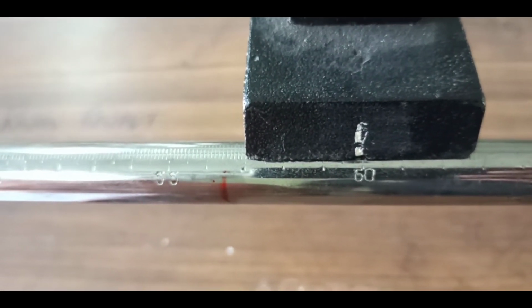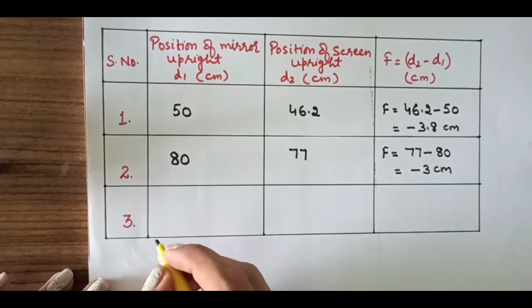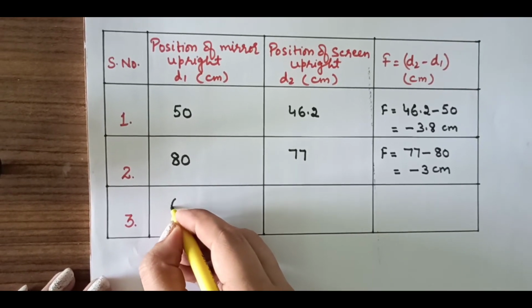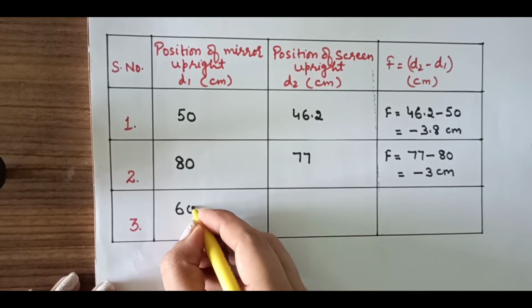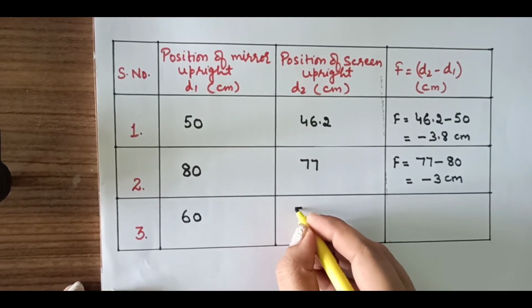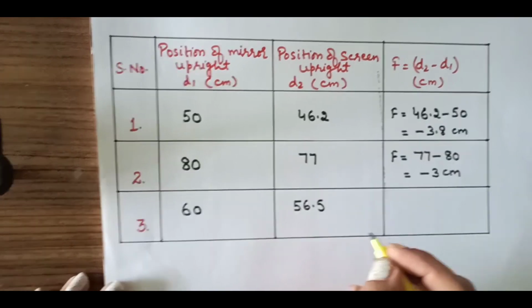Now our third observation: position of the mirror upright was 60 centimeter. Position of the screen upright was 56.5 centimeter.